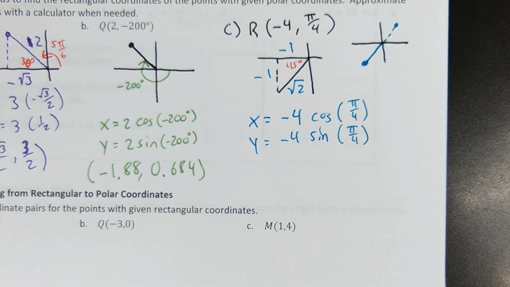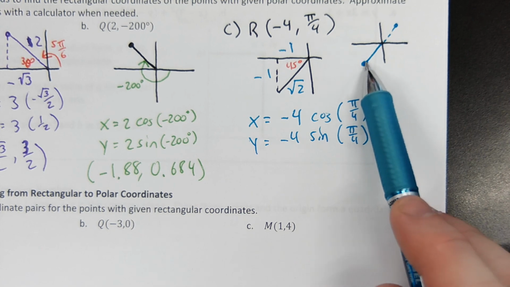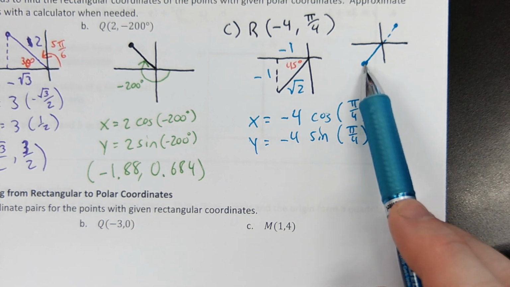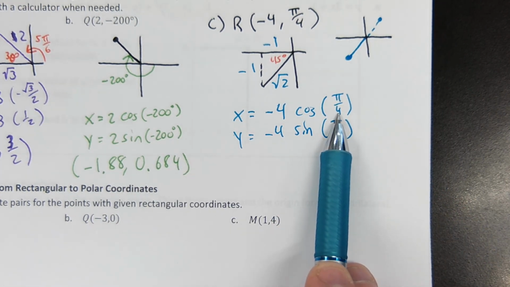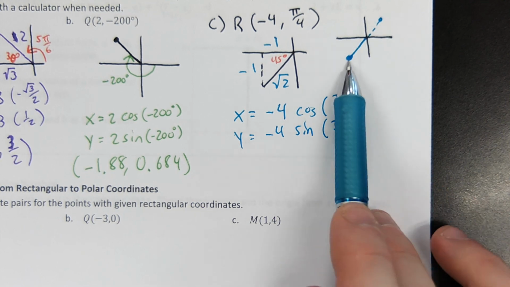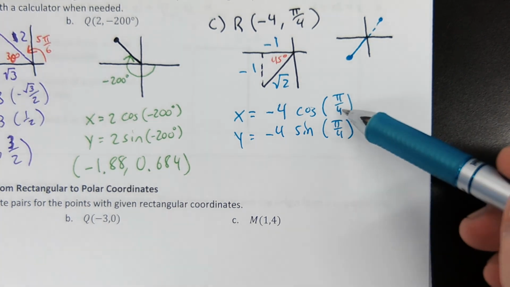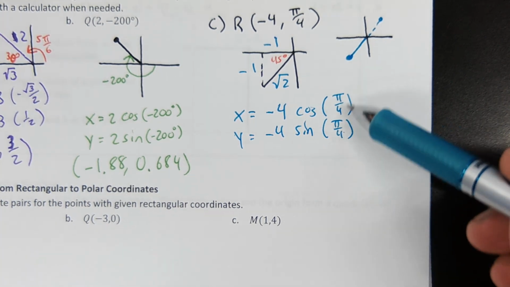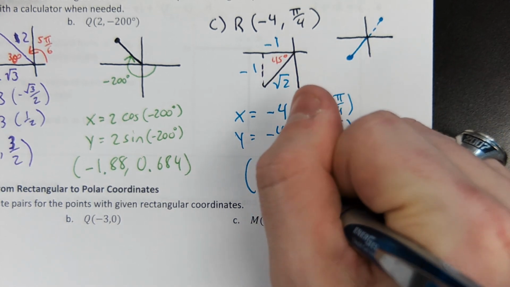Yes, but the reason why I drew the picture is because I wanted you guys to see what this would look like. We know that this xy had better be negative x, negative y, right? Because you're in quadrant 3, where both x and y are negative. He was asking what happens if there's a negative radius. Well, the negative radius puts me here, so negative x, negative y. But if I do cosine and sine, both of these equal 1 over root 2. So both coordinates are negative 4 over root 2.